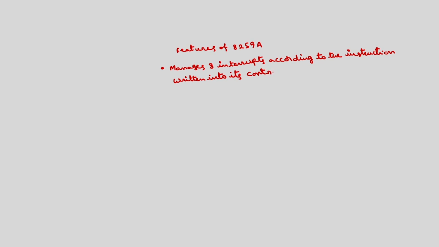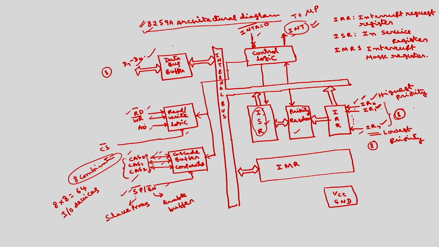There are 4 initialization registers. This is one feature, which manages 8 interrupts, as you have seen in the diagram also. So, here we can have 8 interrupts, and 8259 will manage these 8 interrupts.